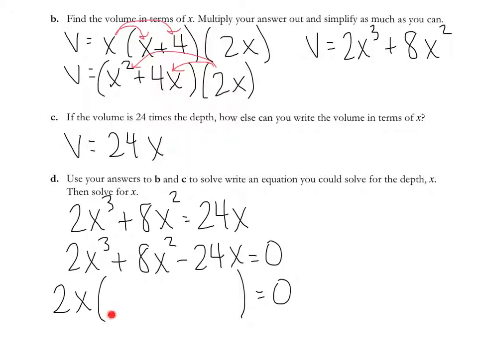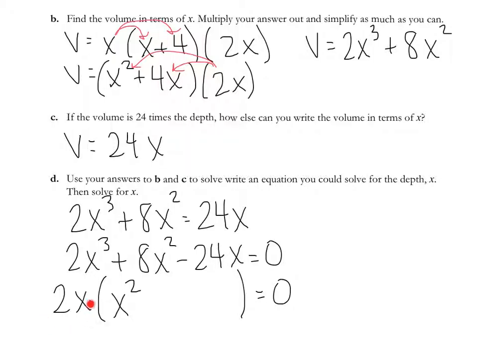Now we next need to think about what should go on the inside here so that if we were to multiply by the 2x, it would be equivalent to this expression here. First, 2x times what would give me a 2x cubed? I would have to multiply by an x squared to get from 2x to x cubed, so I have an x squared left inside these parentheses.